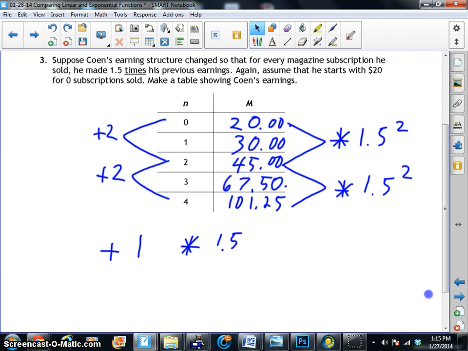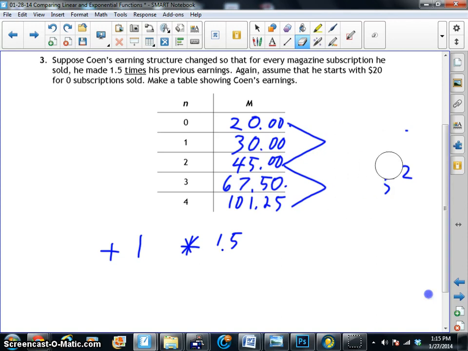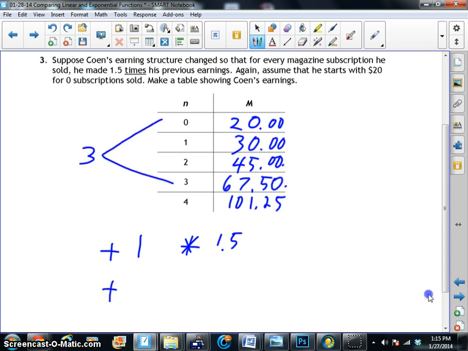If we go to the add multiplication rule of 3, we can see what happens as we add 3. The add multiply rule for 2 would be: as we add 2, we're multiplying by 1.5 to the second power. Let's see if it holds for the next one. Let's see if this is actually 1.5 to the third power.